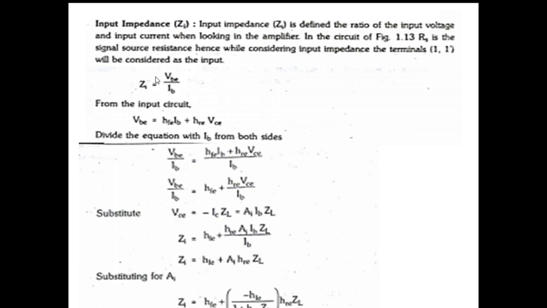So VB by IB is the input impedance. RS is the signal source resistance. Hence, while considering input impedance, the terminals 1 1 dash are considered as the input. So don't consider the source resistance; just measure the input impedance across 1 1 dash.